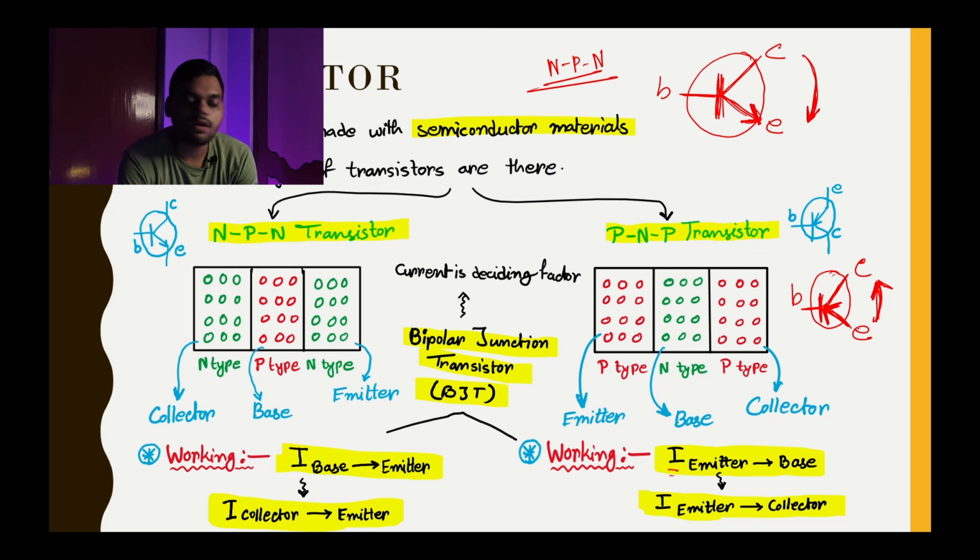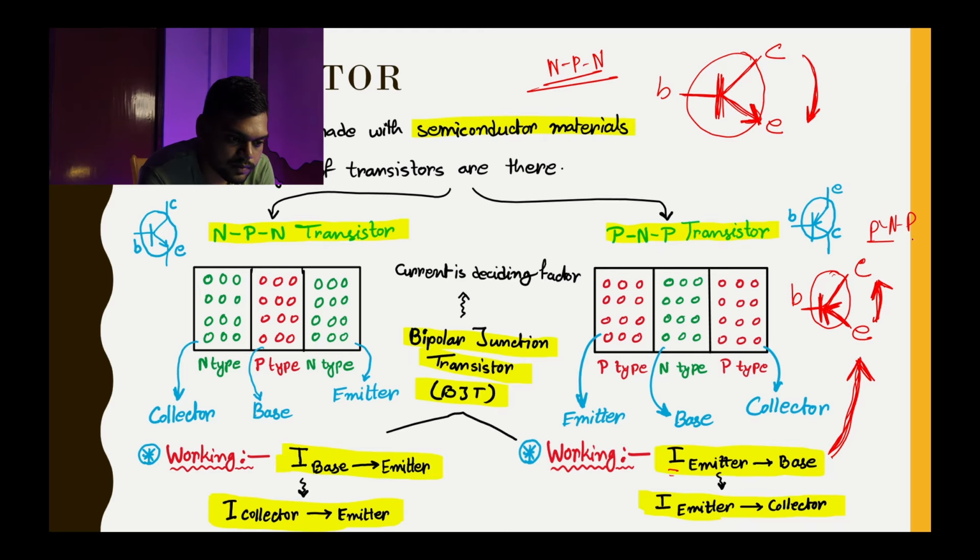That's the working of PNP transistor. And here you can see we have designed with just the condition, we have obtained the symbol of PNP and NPN as well. It is PNP and NPN as well.